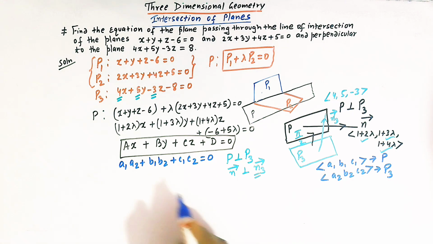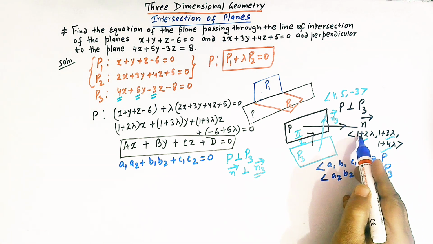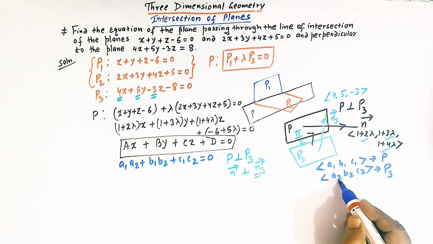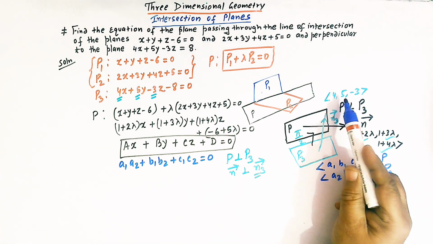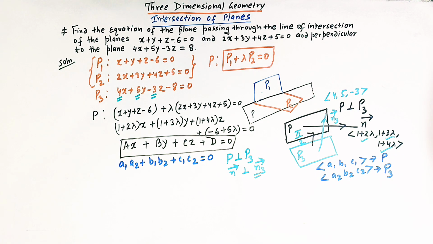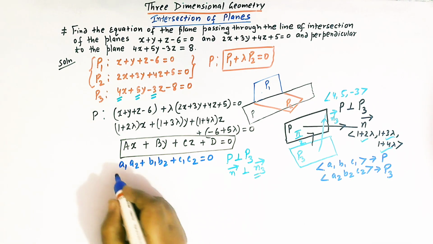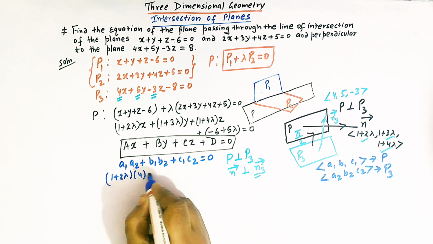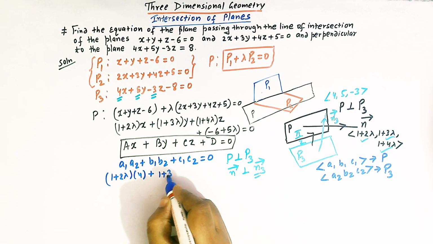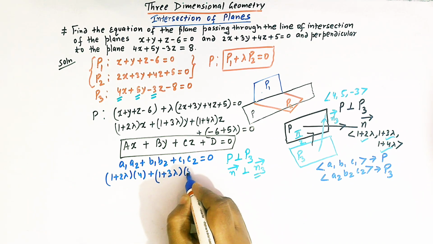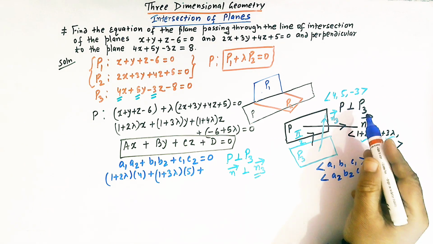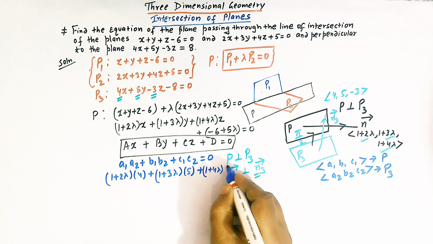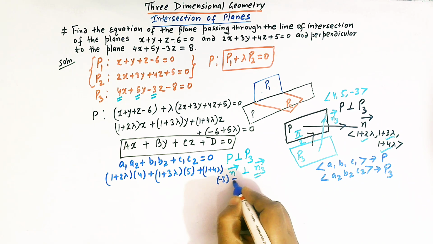So now we have a1, b1, c1 as 1 plus 2 lambda, 1 plus 3 lambda and 1 plus 4 lambda, and a2, b2, c2 are 4, 5 and minus 3. So now substituting the values, we have (1 plus 2 lambda) times 4, then (1 plus 3 lambda) times 5, and then (1 plus 4 lambda) times minus 3, and this is equal to 0.